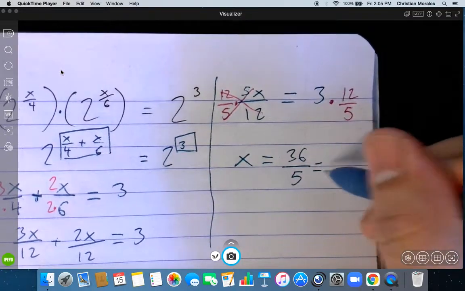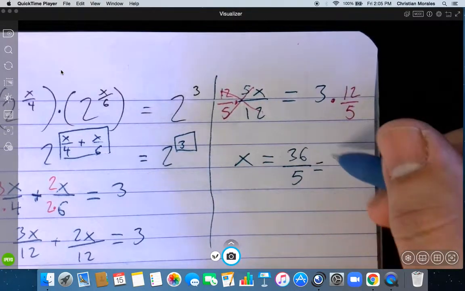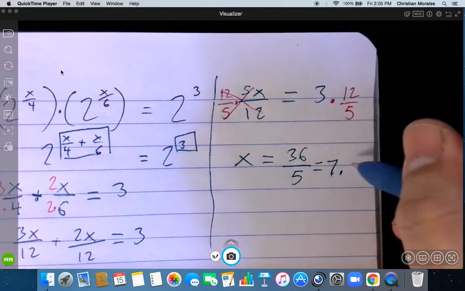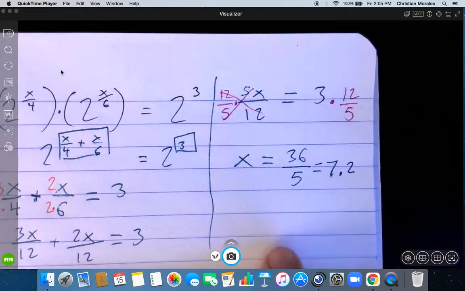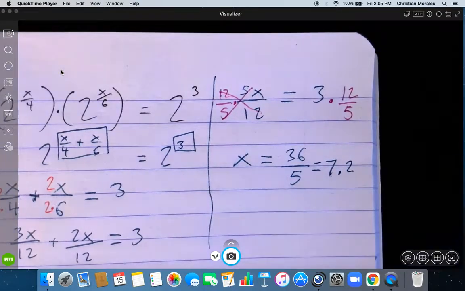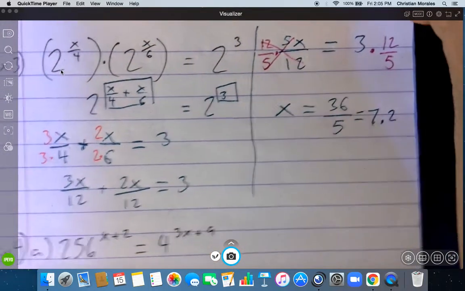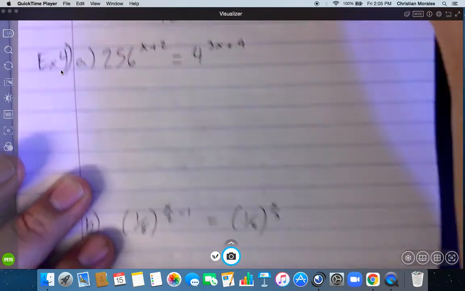I guess if we also divide that, that would be 7.2. So fraction answer, decimal answer for x. Okay. Now there's a lot of steps, but basically it's the rules of fractions.